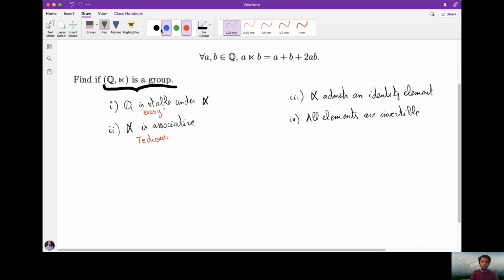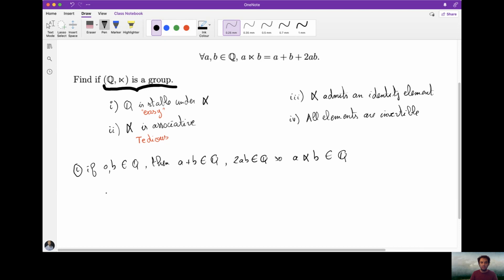Okay, so let's start with stability. The only thing that we are asking here is whether if A and B are both rational numbers, then A plus B is a rational number. The sum of 2 rationals is a rational number, and 2AB is also a rational number. So if we put the whole thing together, it's also a rational number.